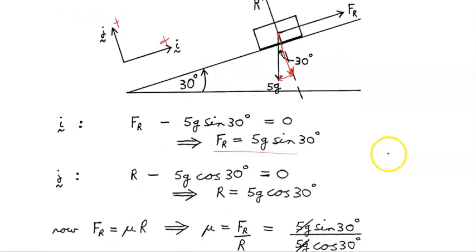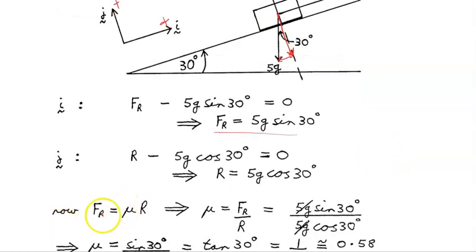Now we know that the friction force, Fr, is mu times R. So mu is the friction force divided by the reaction force, and we have expressions for both of those. For the friction force, we have 5g sine 30 degrees. For the reaction force, 5g cos 30 degrees.